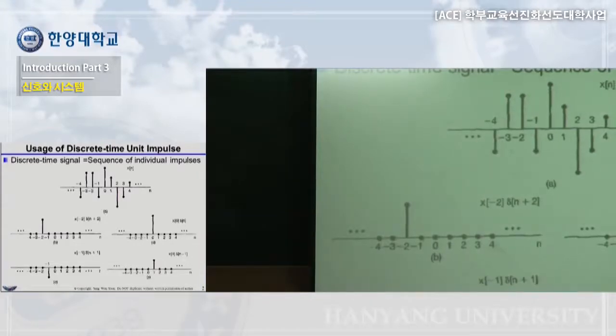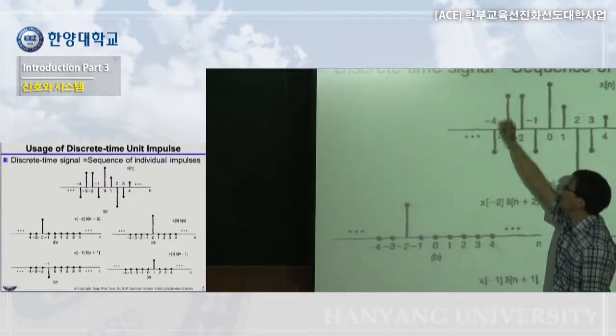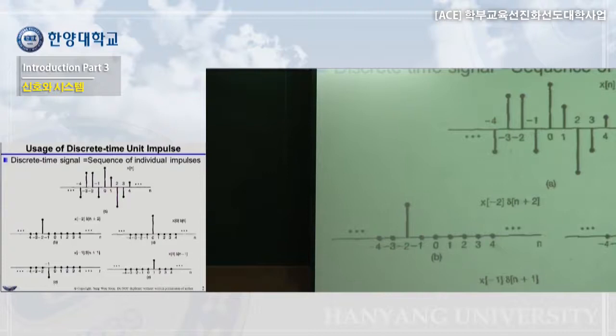So let's have some discrete time signal that acts like this. It looks very arbitrary, very unpredictable. -4 going down, -3 goes up, +2, -2 goes up, goes down, and so on, going on like this.